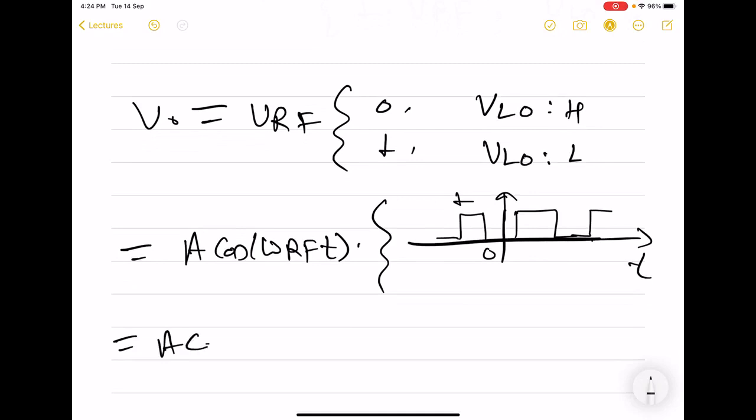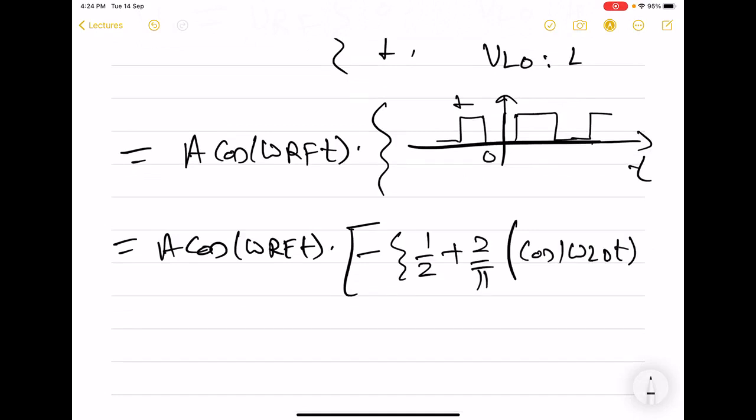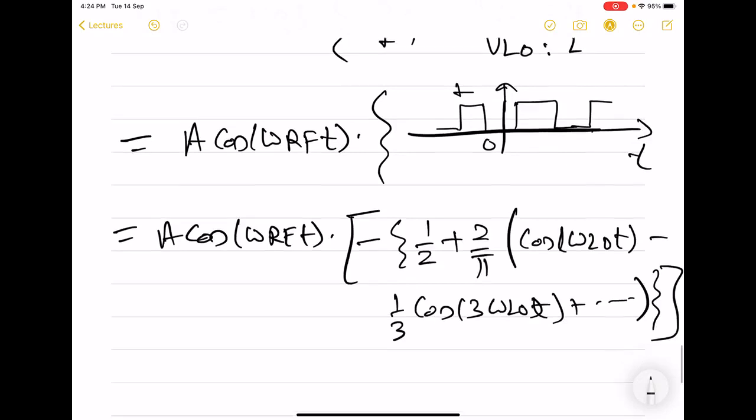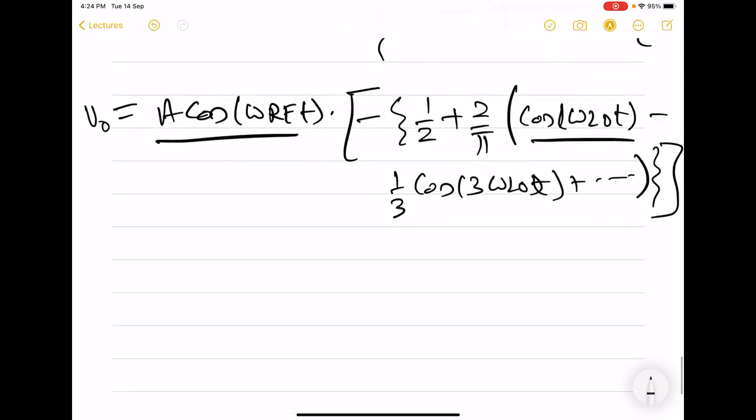So this becomes the product of RF and the Fourier components of this square wave, which is 1 by 2 plus 2 by pi cos omega LO t minus 1 by 3 cos 3 omega LO t, and so on and so forth. So our IF is going to be the product of RF and the fundamental of the square wave.